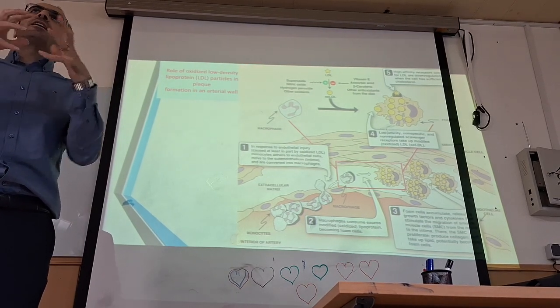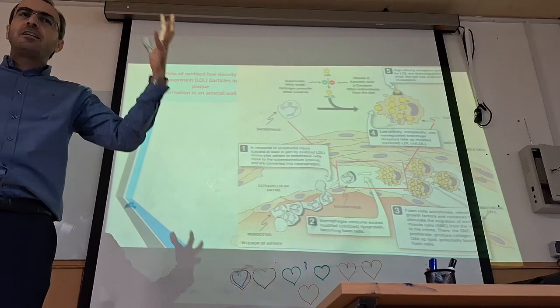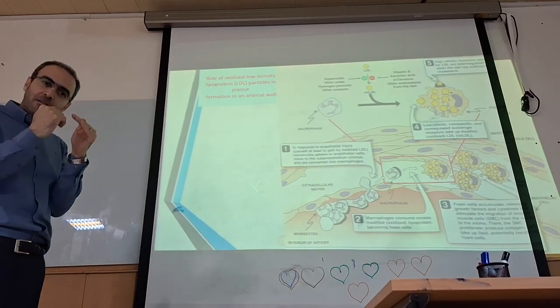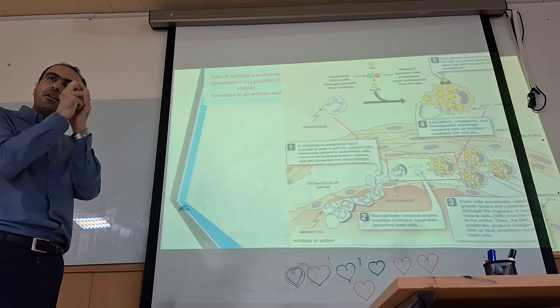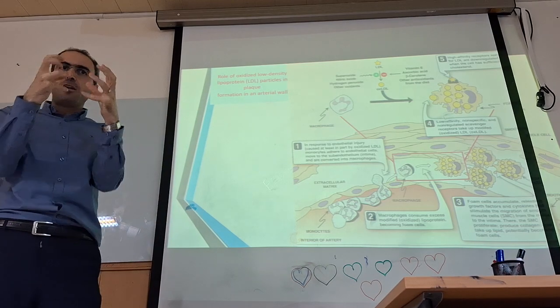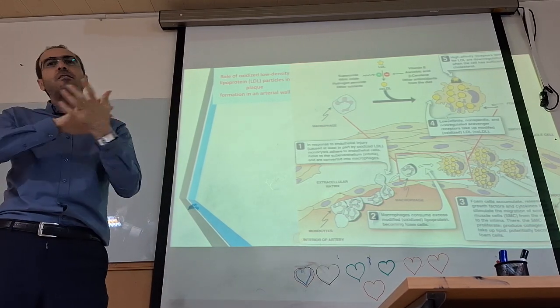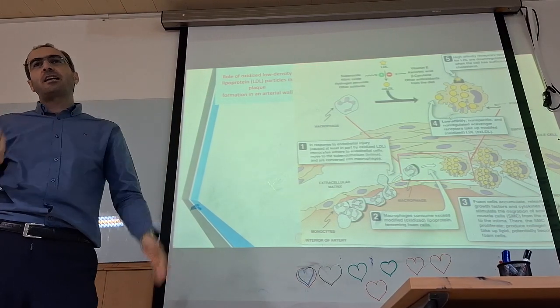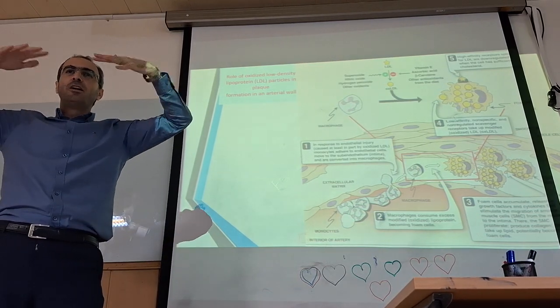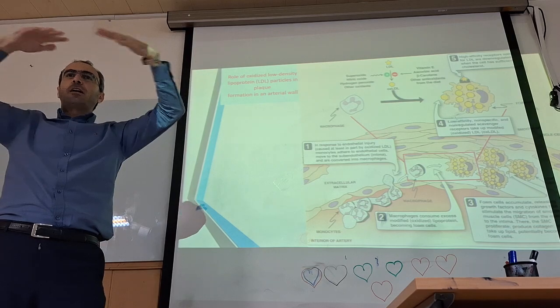They become like a space that can just eat and increase in size. At the beginning, they can digest these oxidized LDL and be active. But after many times, when they receive a lot of oxidized LDL, they lose their activation. They become just a space for eating a lot of cholesterol and becoming a foam cell.